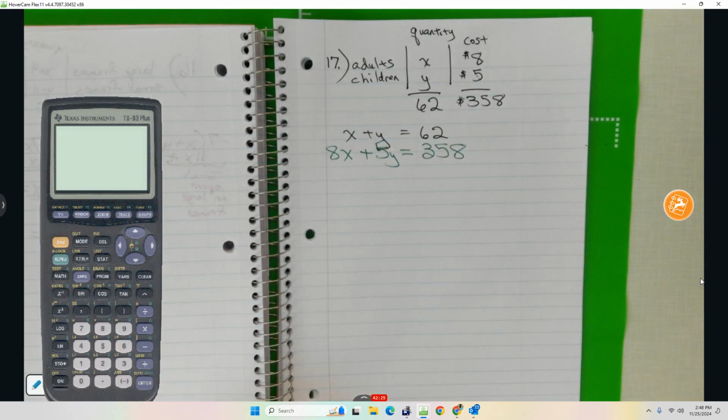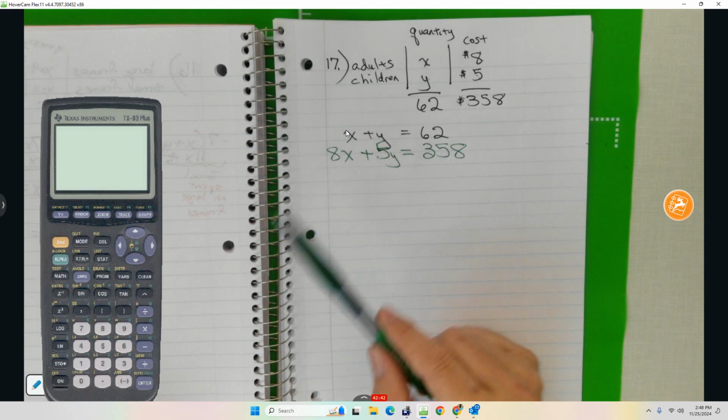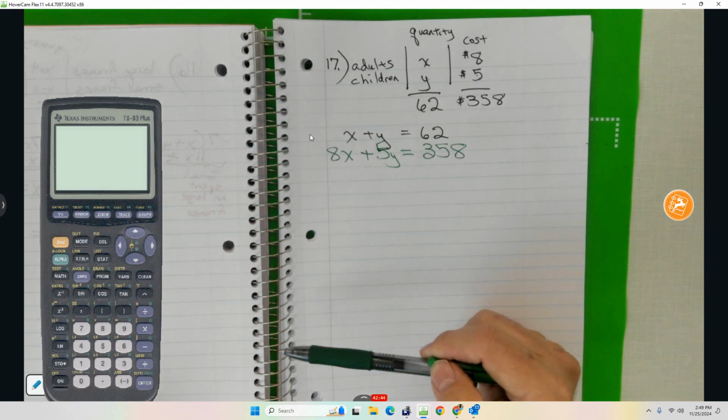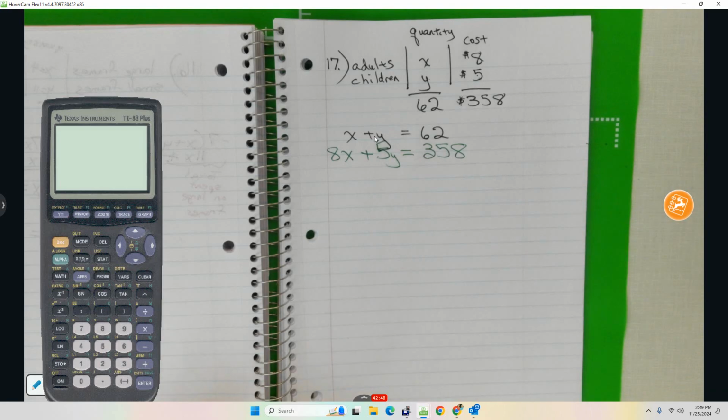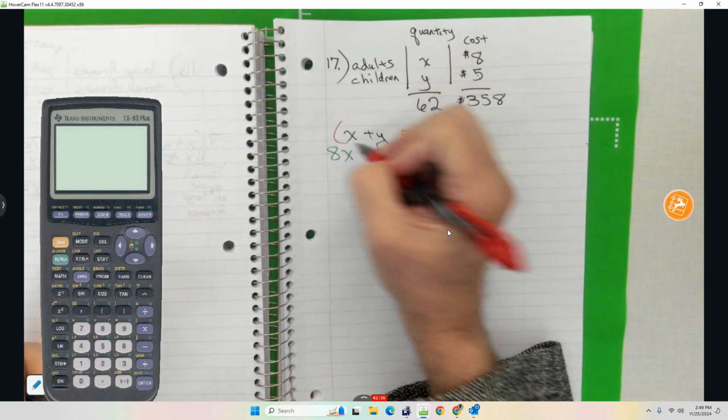Well, I think I'll use elimination. What variable do you think I'll eliminate, x or y? If I want to eliminate x, what am I going to have to multiply by? A negative 8. If I want to eliminate y, what will I multiply by? A negative 5. Which one do you think I'm going to do? Okay, so I'm going to multiply by negative 5.